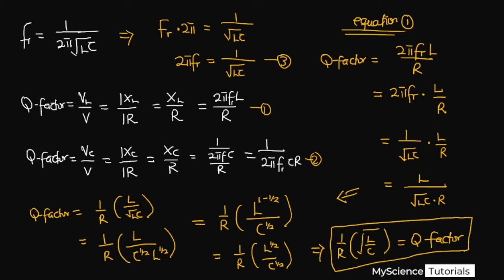You can either use this formula for the Q factor, or the formula over here, equation 1, or the formula for equation 2 if you have the resonance frequency and the other parameters. But this is a much simpler formula. So you can use these formulas to find your resonant frequency and the Q factor. Let's go ahead and look at some examples to actually appreciate what we are doing.